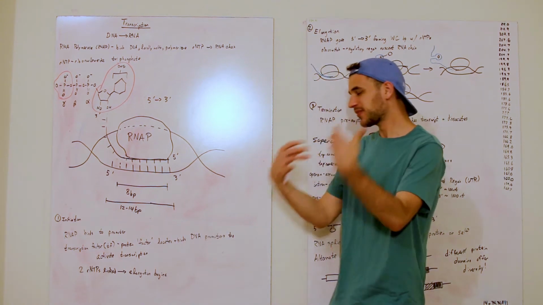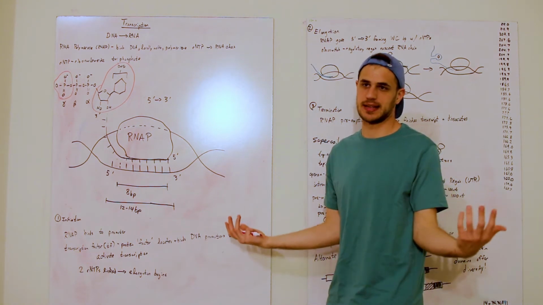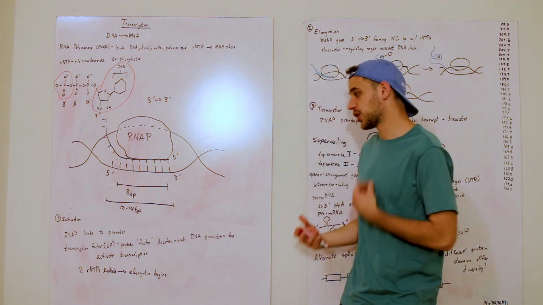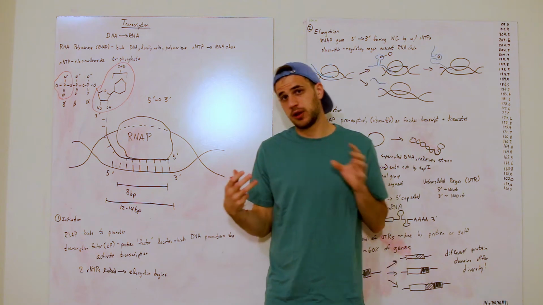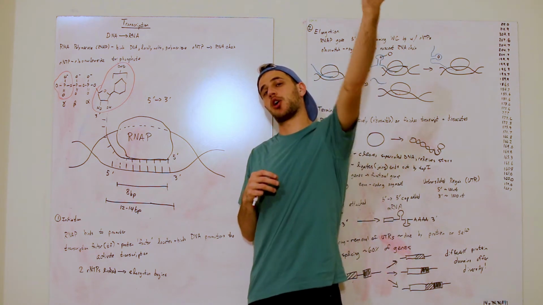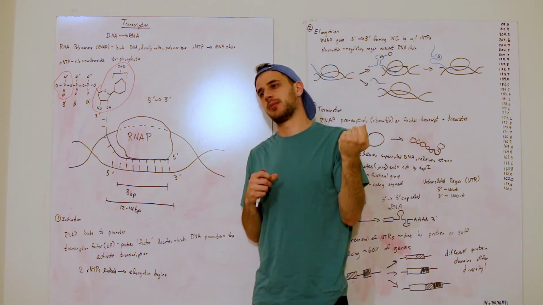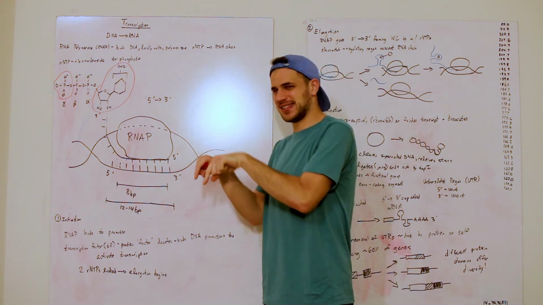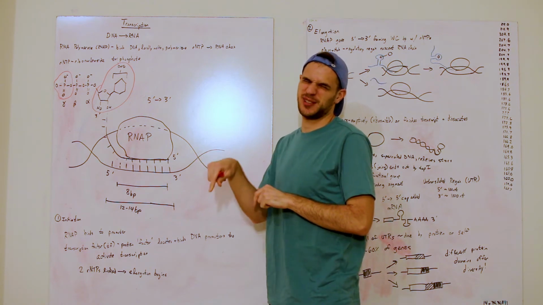So factors are just proteins that bind to DNA. What their job typically is, is to find RNA polymerase and pull it towards them. It just grabs on and says, hey, you should do this right here. You should really do this.